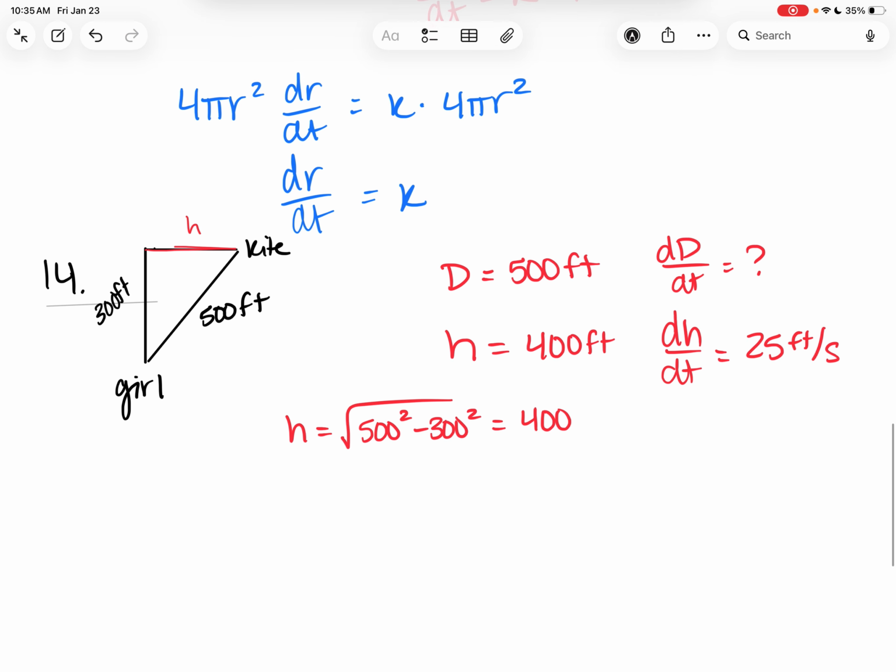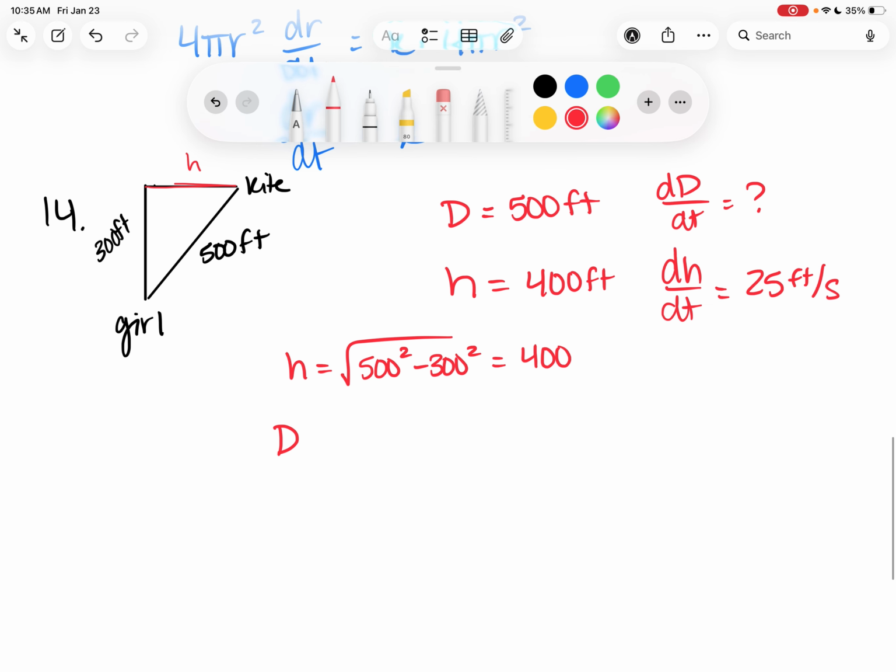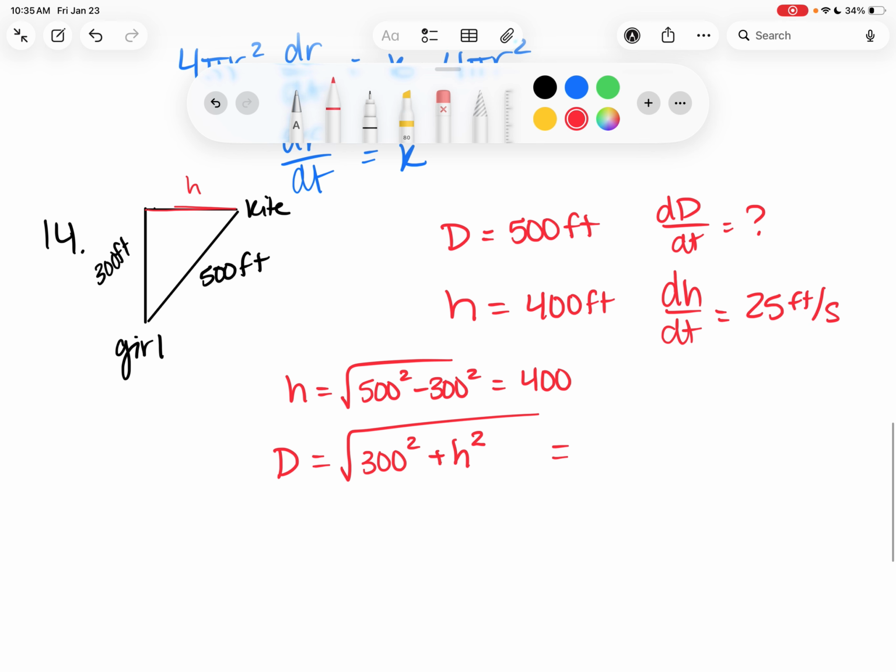But we've got d equals the square root of basically these two sides added together, so 300 squared plus h squared, which I would rewrite in parentheses, 300 squared plus h squared, to the 1/2, so I can take the derivative.